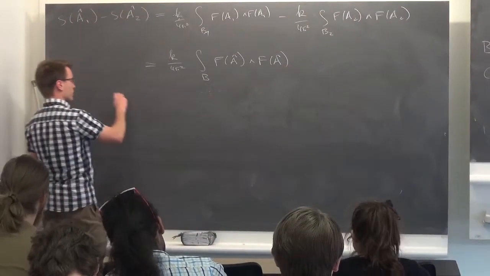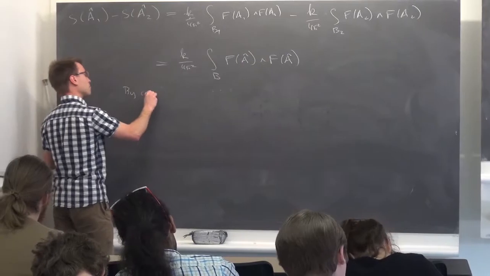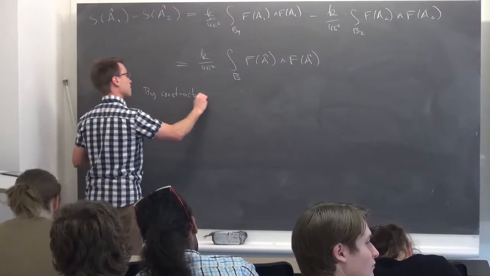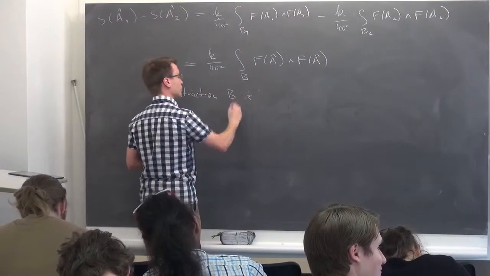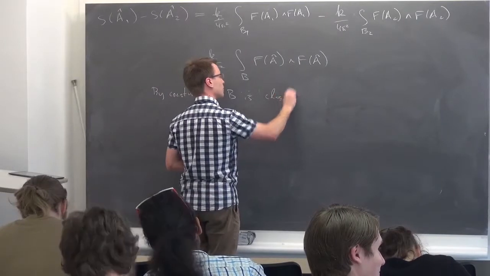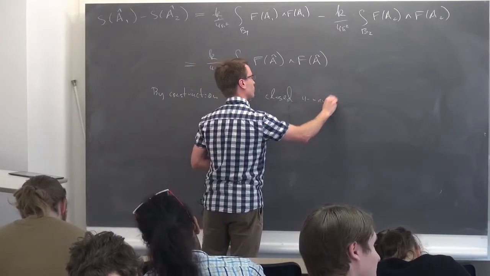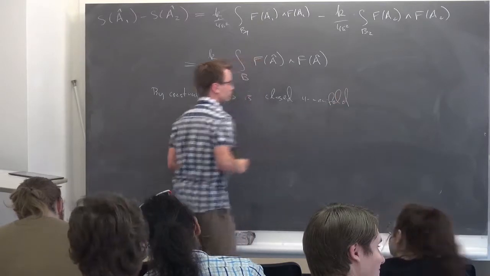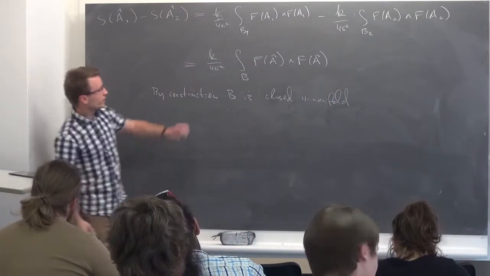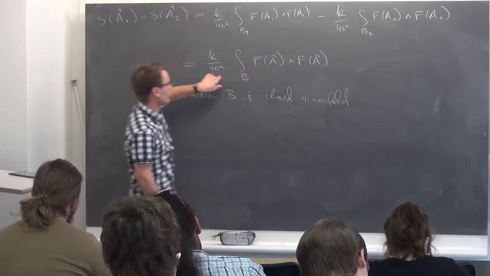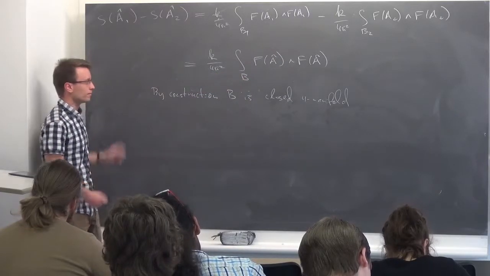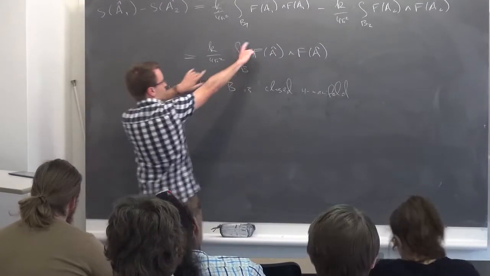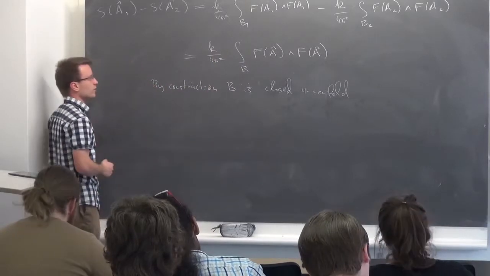But now by construction, B is a closed 4-manifold. And I claim that this integral over 4 pi squared is actually an integral form. Sorry, the integral will be an integer.